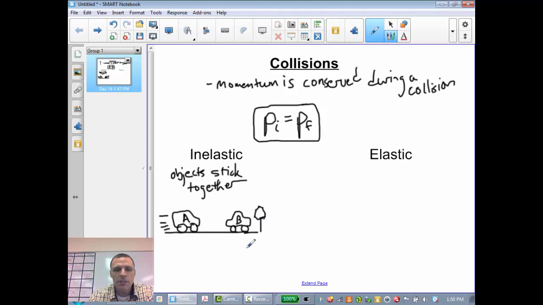And car A runs into car B, and they stick together, and they move off as one. So we do A here again, and B kind of gets stuck right here.